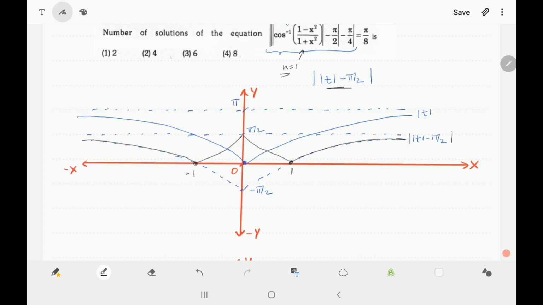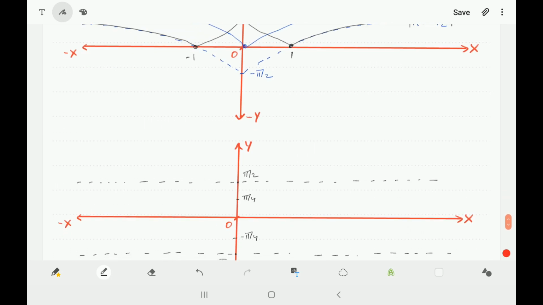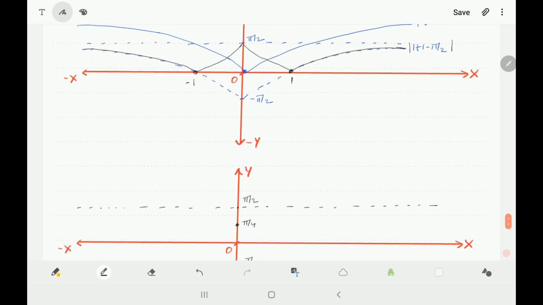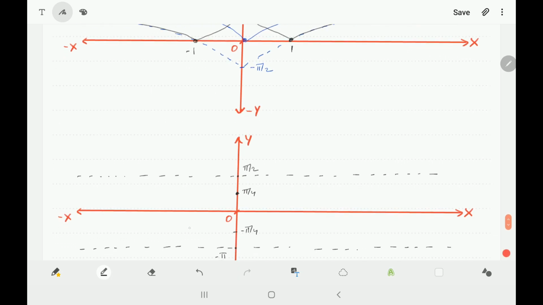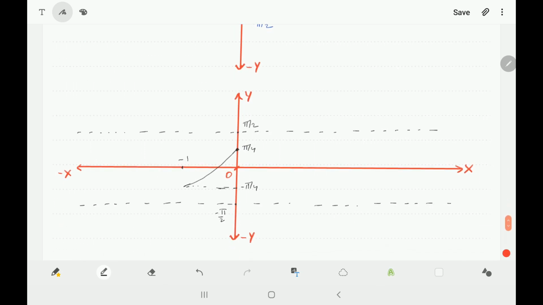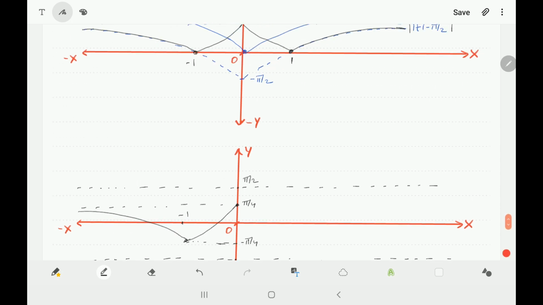Now what you have to do is subtract pi by 4 from this particular function. Because you have to do the pi by 4 subtraction first, this graph will go pi by 4 downwards. So I'll be making it on another graph. The pi by 2 value will go to pi by 4, and this function will go downwards like this. At minus 1, this value will be minus pi by 4, and pi by 2 will go to pi by 4 as an asymptote.